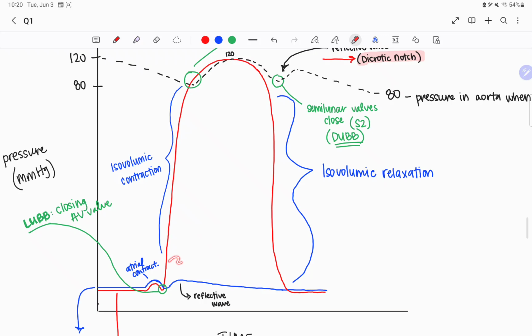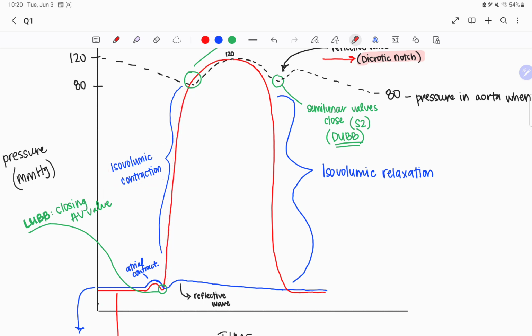So when the ventricle is starting to contract right here, both valves are still closed. So this is just the ventricle squeezing. Pressure is building up because this giant muscle is contracting. And so this time right here is called isovolumic contraction.